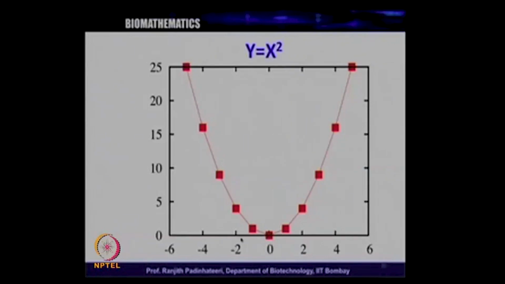For x equal to minus 2, you have 4, since minus 2 square is 4, and similarly plus 2 square is also 4. So, this curve is essentially symmetric about 0. If you go to the right of 0 or to the left of 0, the positive or negative values, the y values are the same. When y is 4, there are 2 points.